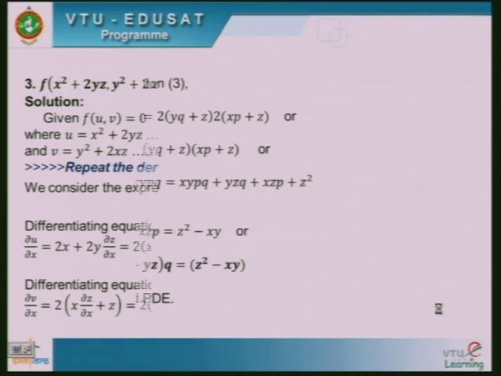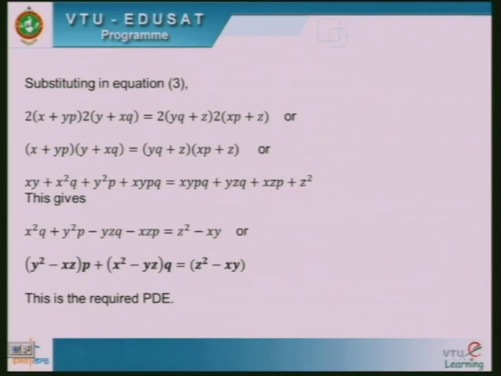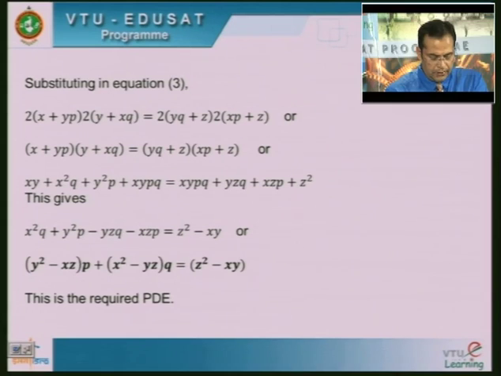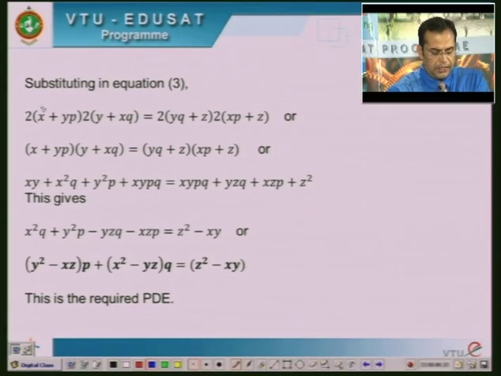Again, substitute that in equation 3, dou u by dou x into dou v by dou y equal to dou u by dou y into dou v by dou x, which gives you this expression.